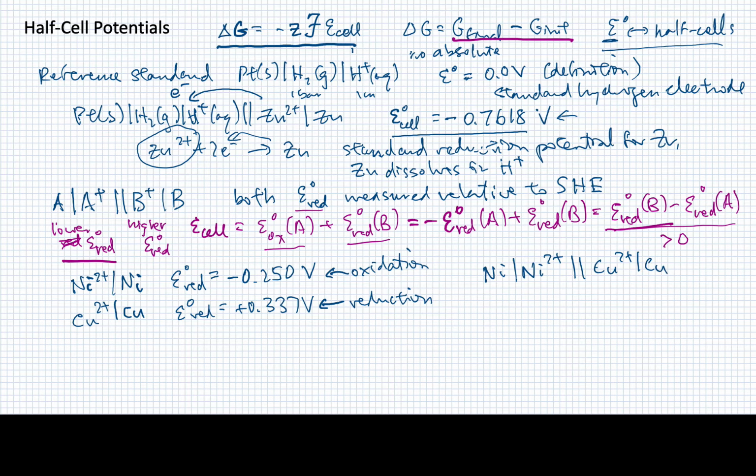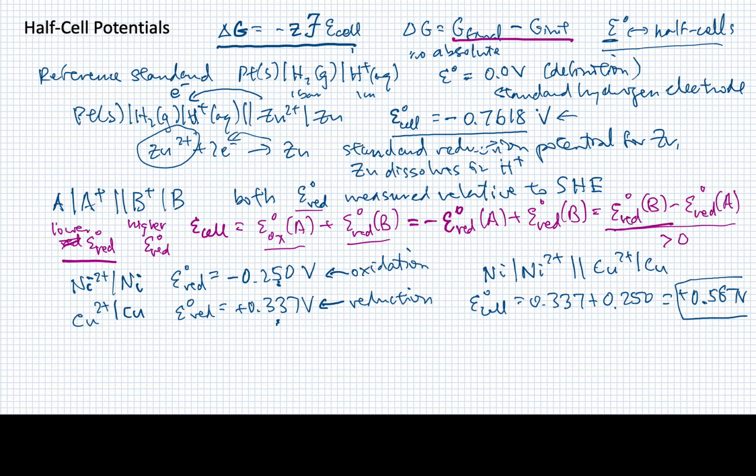And the total cell potential for this particular combination would be the difference of these two, so it would be 0.337 minus, well, it's minus a negative, so that'll end up being a plus. I hope you'll forgive my shorthand here. And so we would have a plus 0.587 volts for this particular cell potential.